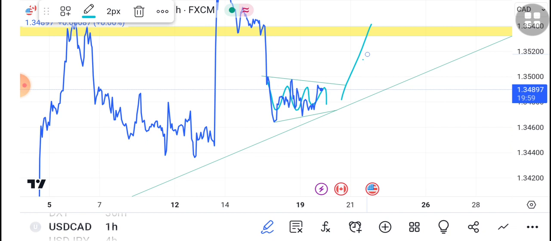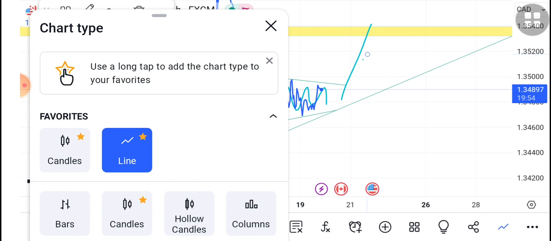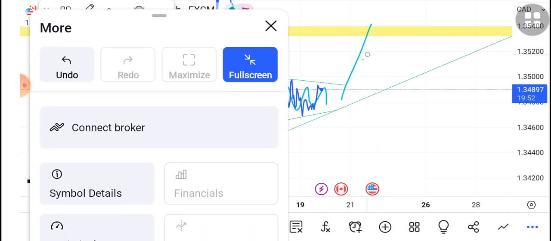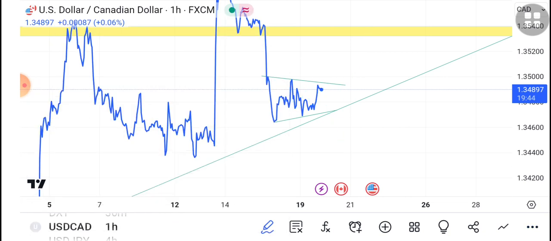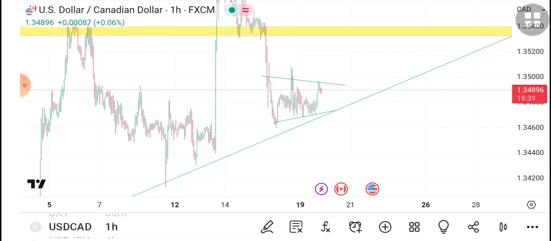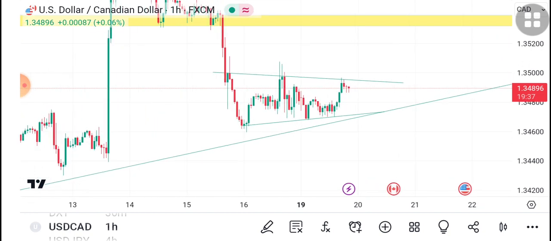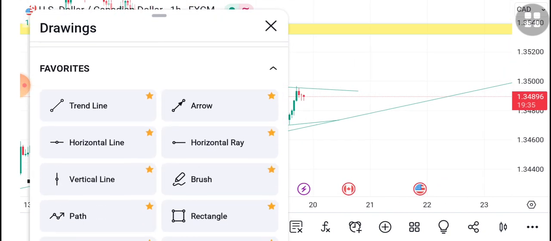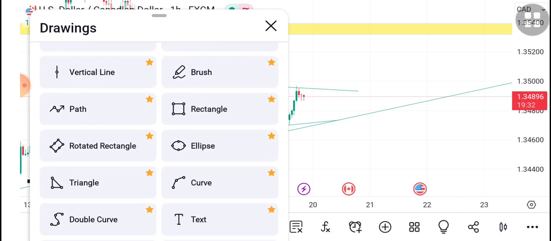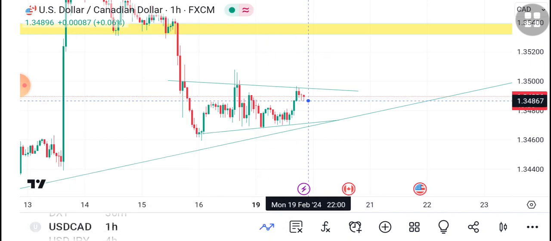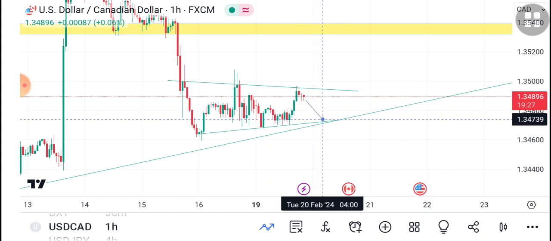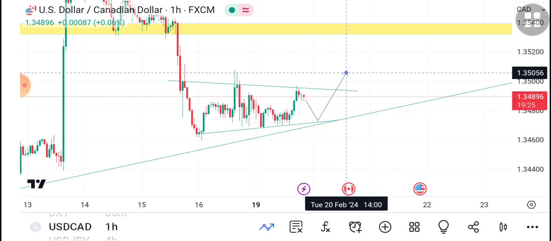Our conclusion at the moment is that we're waiting for the market to break out from our zone or from our chart pattern. So our chart pattern is like this. We're waiting for the market to give us something like maybe this.